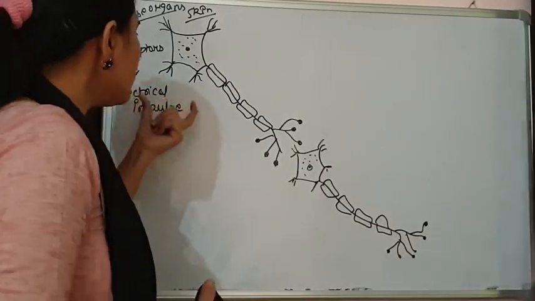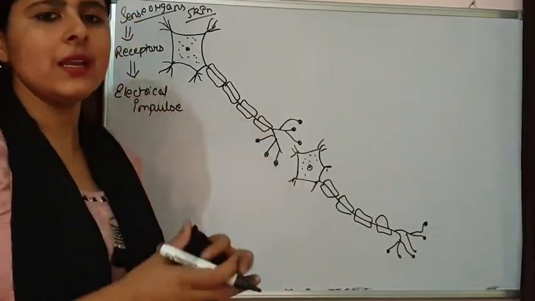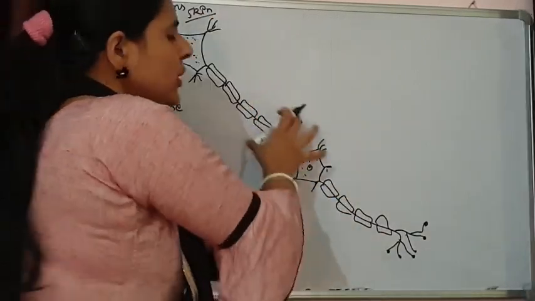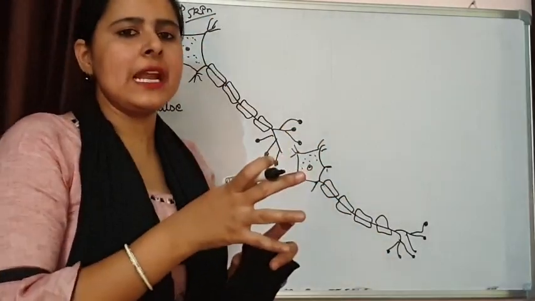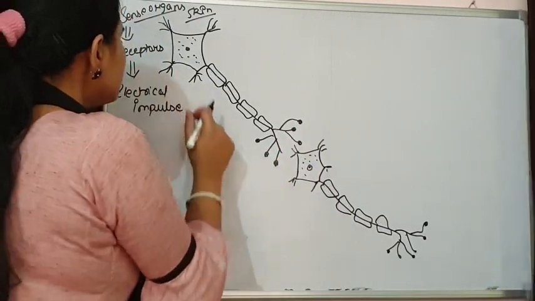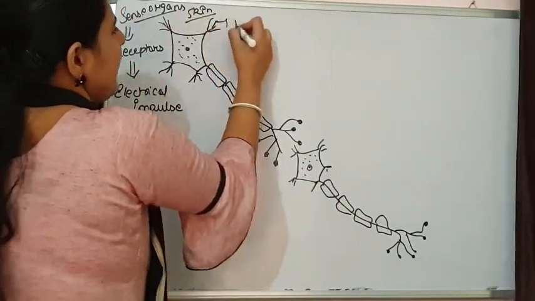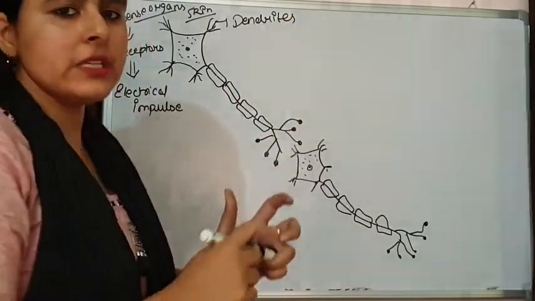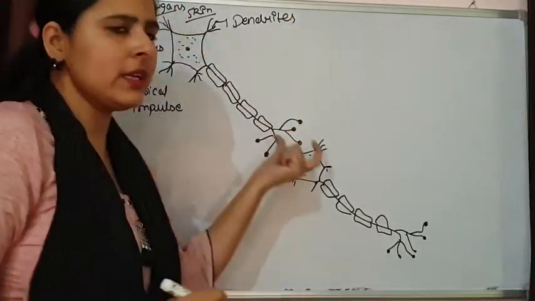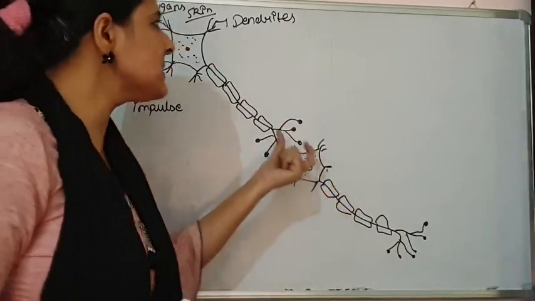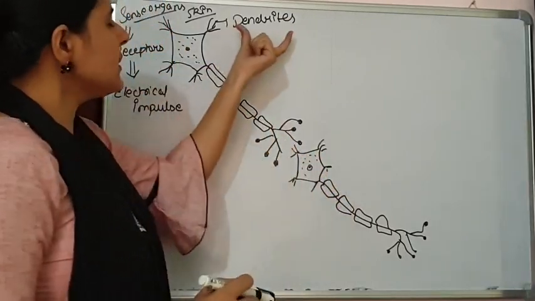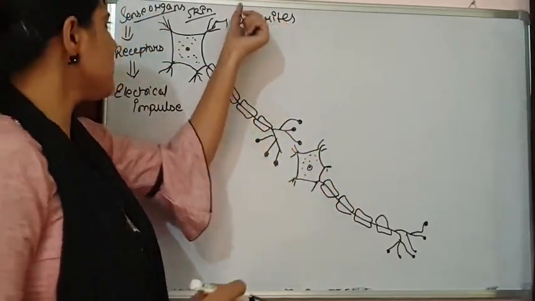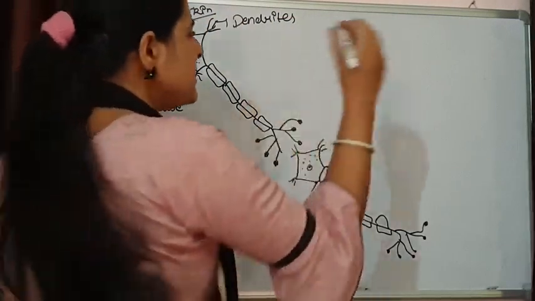Now this electrical impulse from the receptor will be taken by the neuron. The first structure of the neuron that takes this electrical impulse will be the dendrites. So in neurons, the signal moves in the form of an electrical impulse or a nerve impulse, and first it is carried by the dendrites from the receptor.